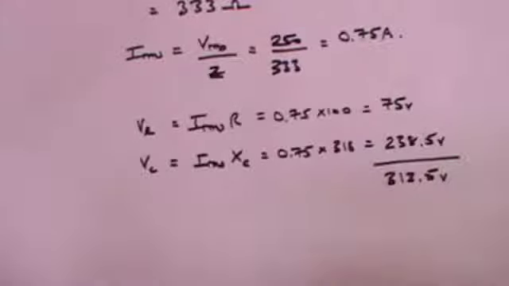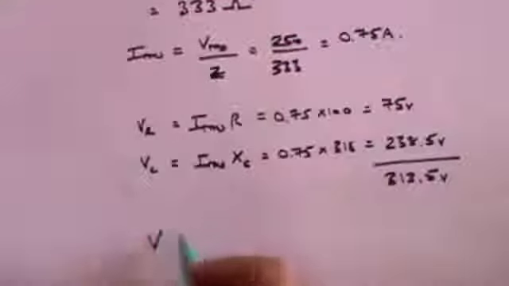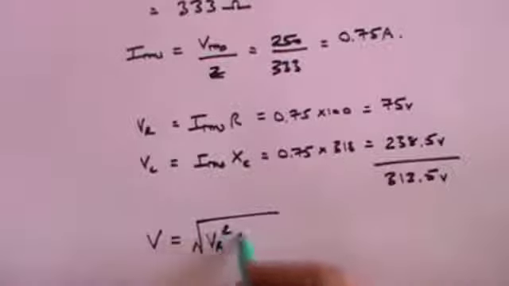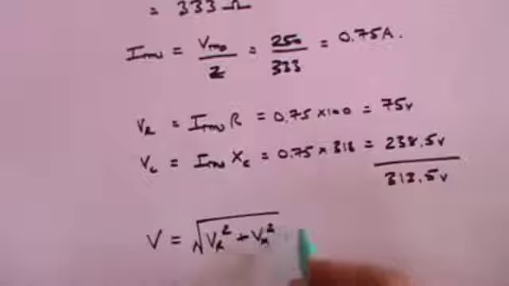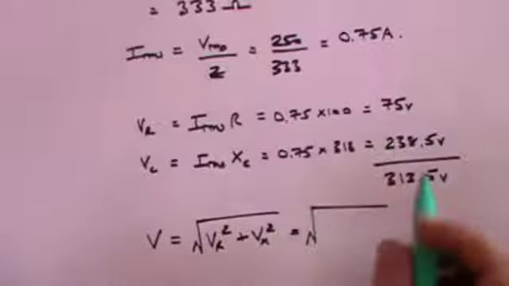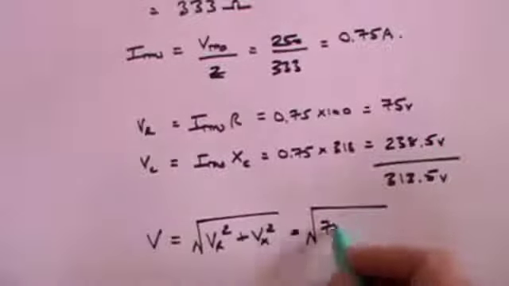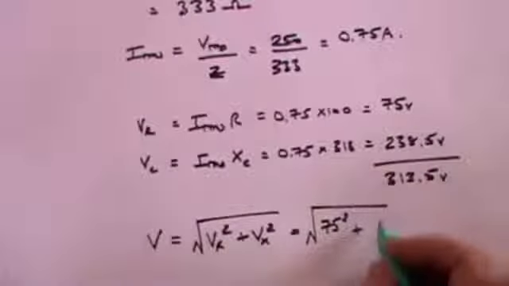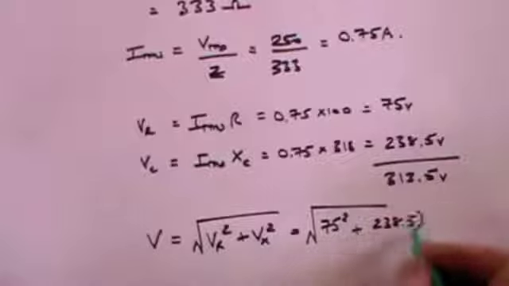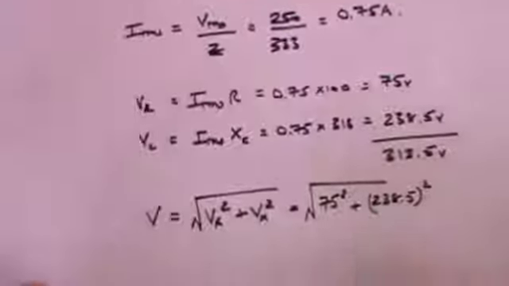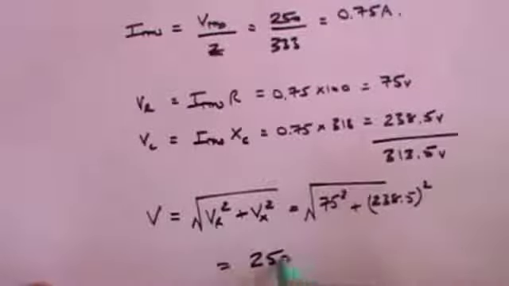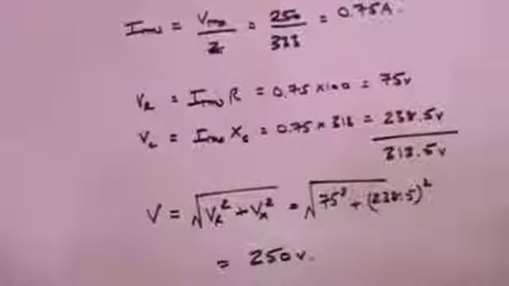So you have to plot the phasor diagram, and that means that V is going to be equal to the square root of VR squared plus VC squared, which is the square root of 75 squared plus 238.5 all squared. And if you take the square root of that, you should get 250 volts.